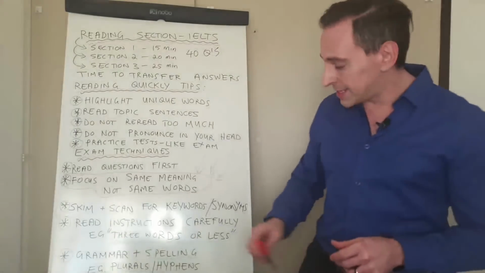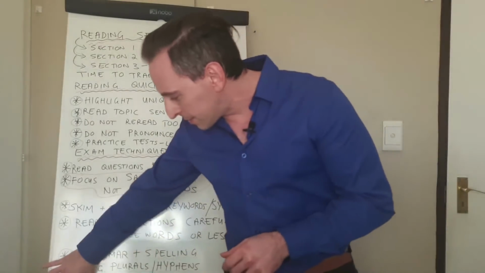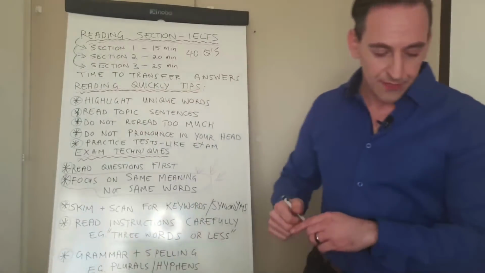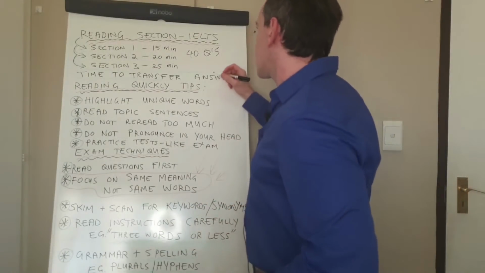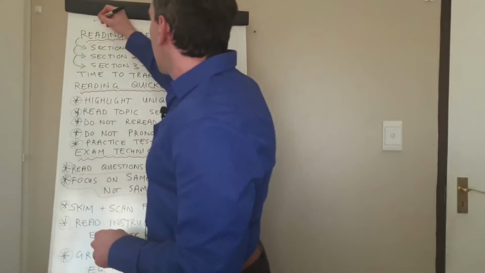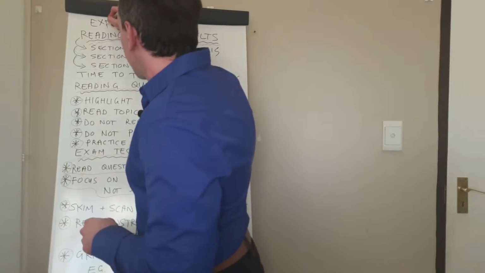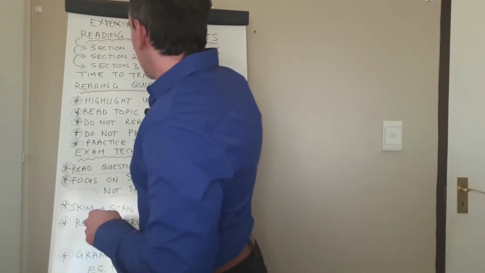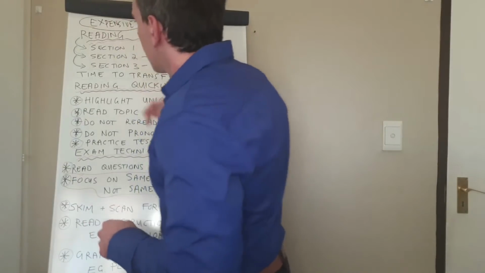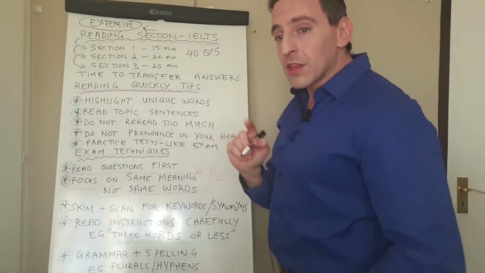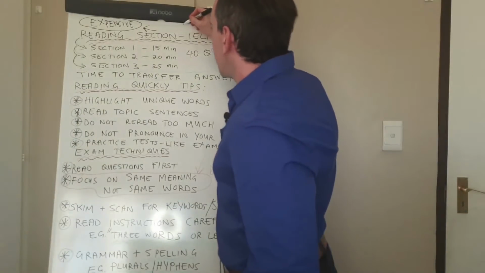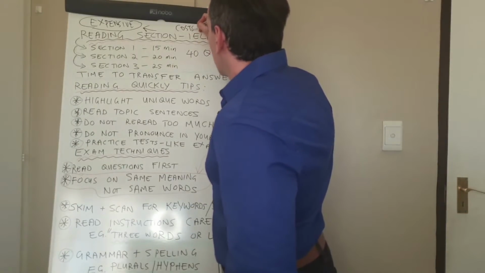I will give you an example of the same meaning, but different words. So we could have in the text, let me put it over here, expensive. So that would be the word in the text, expensive. In the question, perhaps they say costs more.